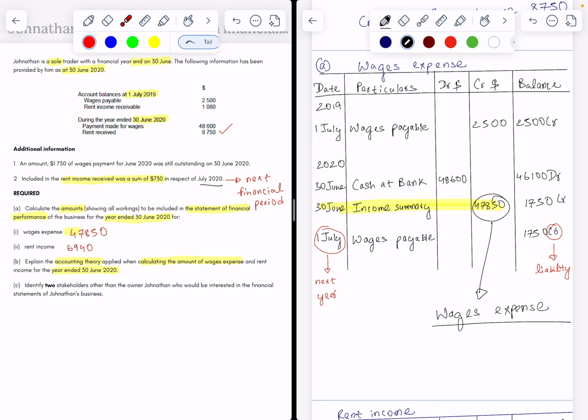Because expense accounts are temporary in nature, which means at the end of the year we must close them so that we can start the next financial period with a zero balance for the expense itself. Okay.